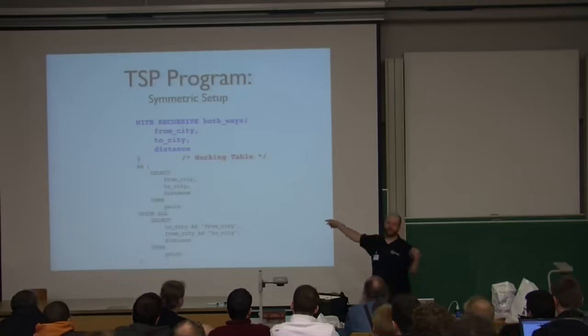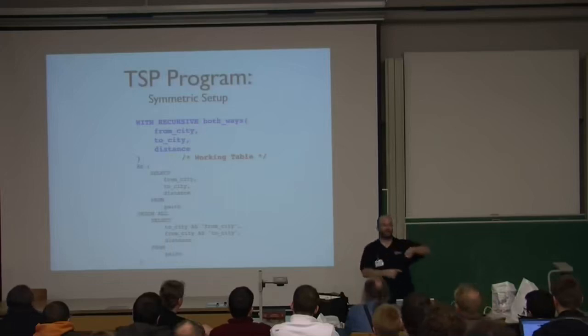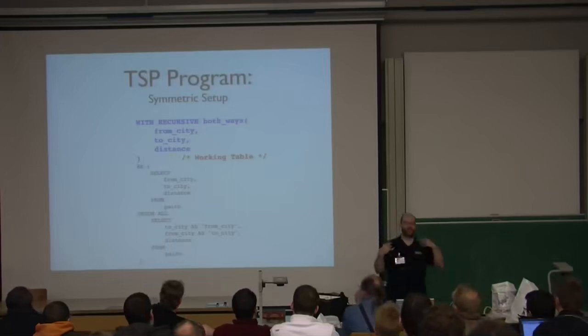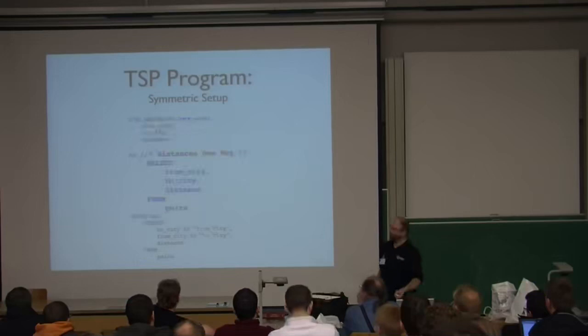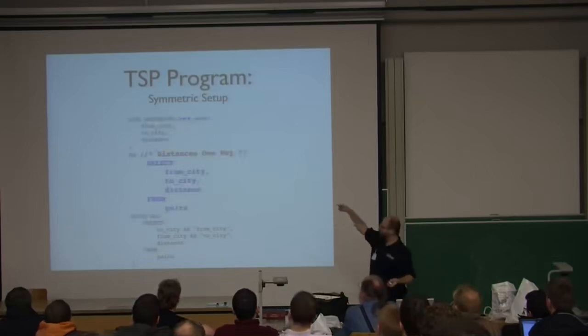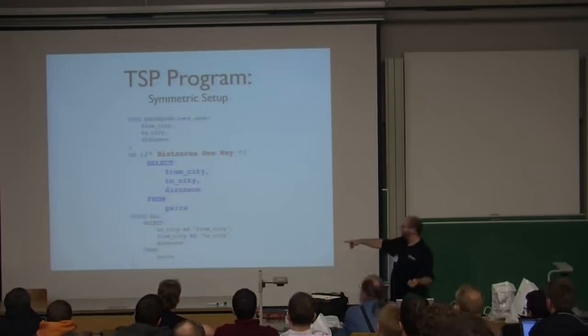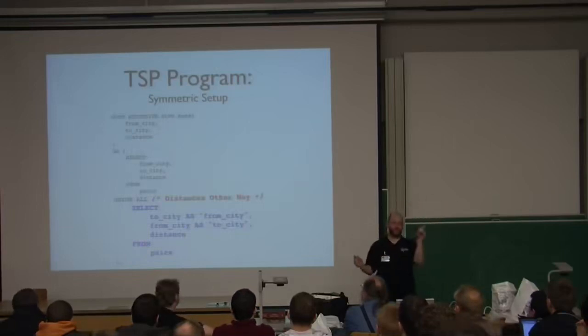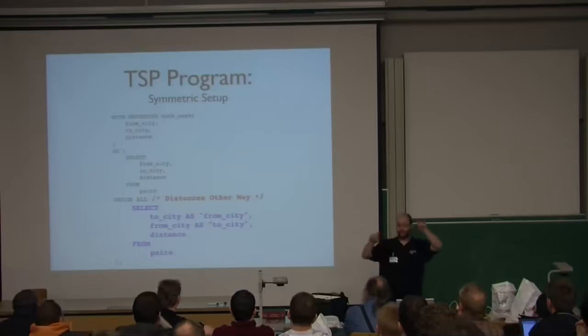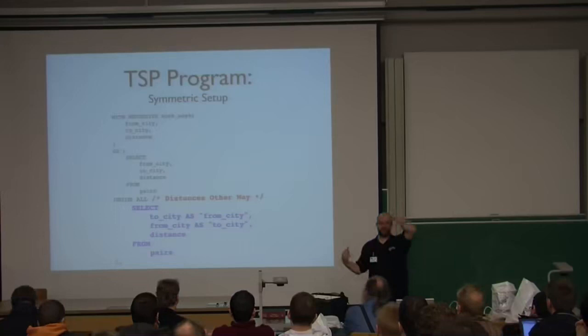With recursive just means that we can use recursion somewhere in the common table expressions or temporary views or subroutines that we are about to create. So we select the distances in one direction, from city, to city, distance, and then select them in exactly the opposite direction, to city, from city, distance. So we just doubled the size of the table. We want all of those edges for our graph, the one way and the other way.